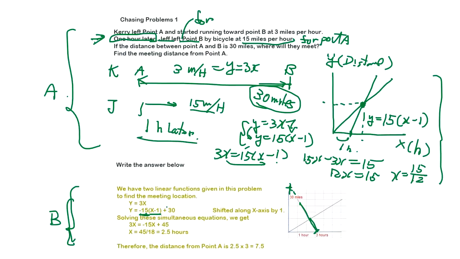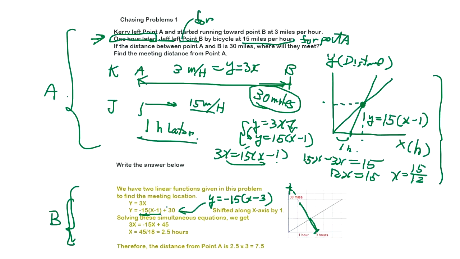Oh, this is correct. I would say y equals negative 15x minus 3. Okay, but same as this one.